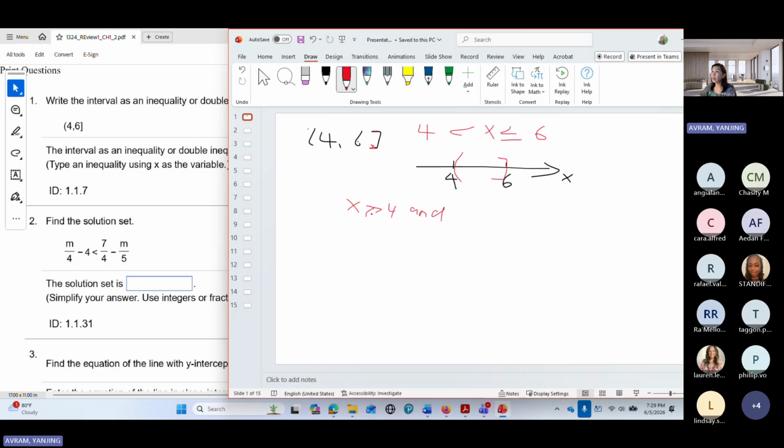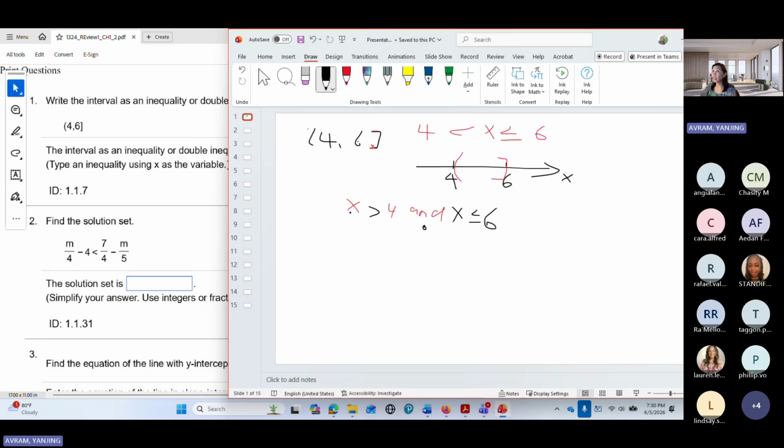So X is greater than 4 at the same time, X is less than or equal to 6. If you want to write it down as two simple inequalities, you have to use the AND in here. AND means you have to satisfy both at the same time.